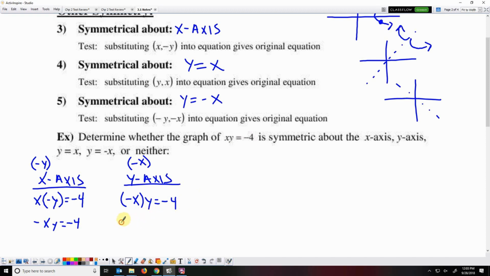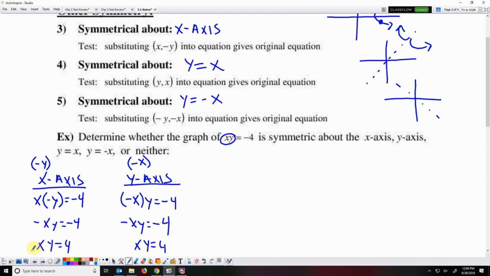Okay, so I get -xy when I multiply these equals negative 4. By the way, if I want to make this a positive, I can, to match that original. But when I do that, I'm dividing both sides by negative 1, and I get xy equals 4. Here I can do the same, xy equals 4, having divided both sides by negative 1.